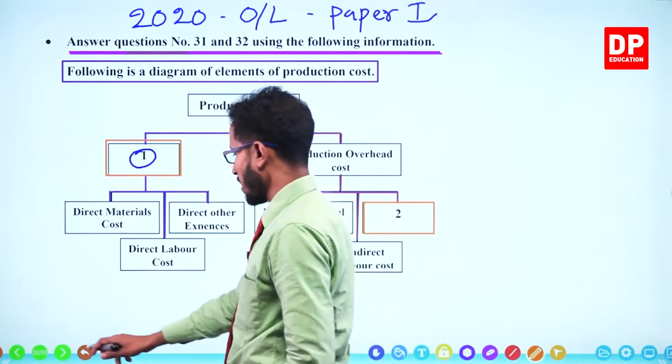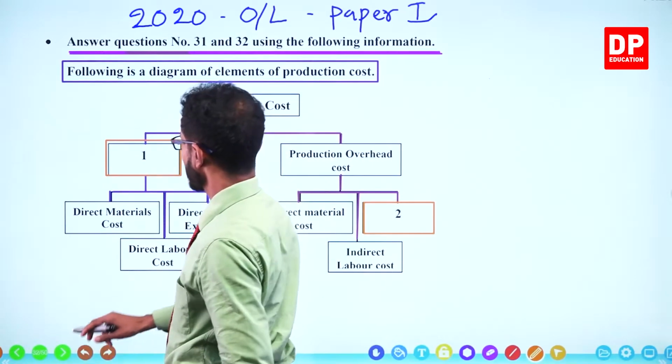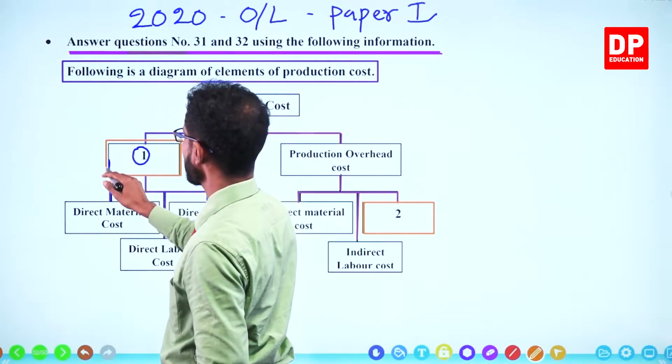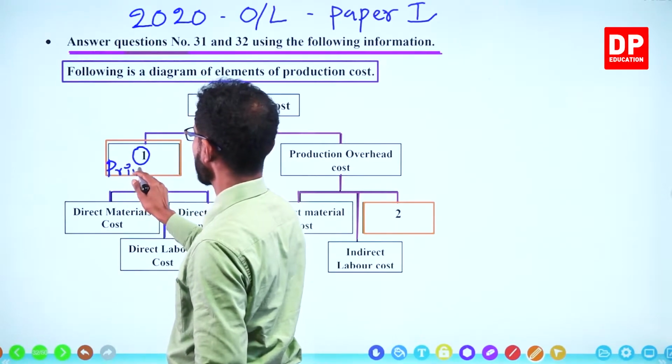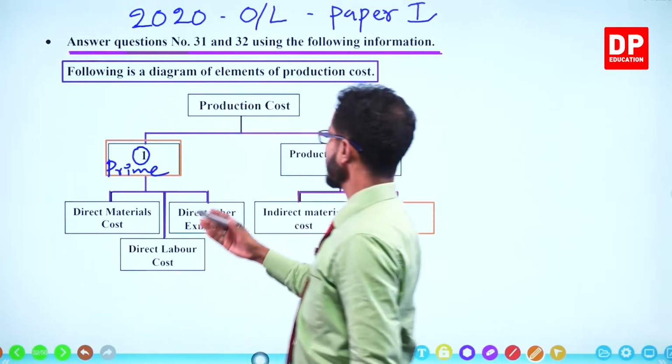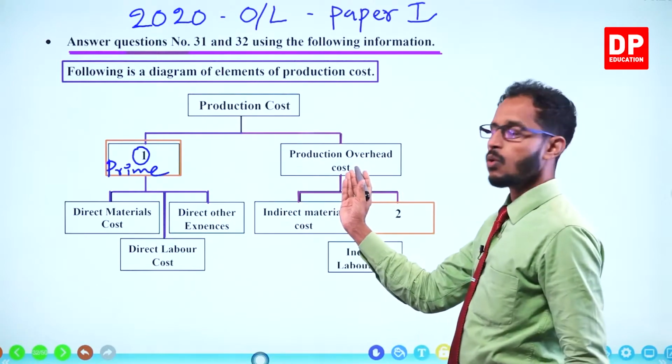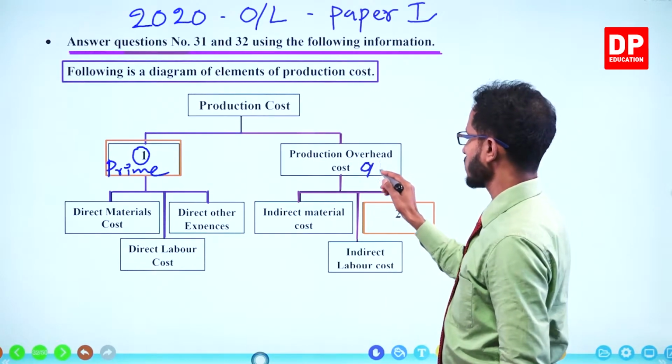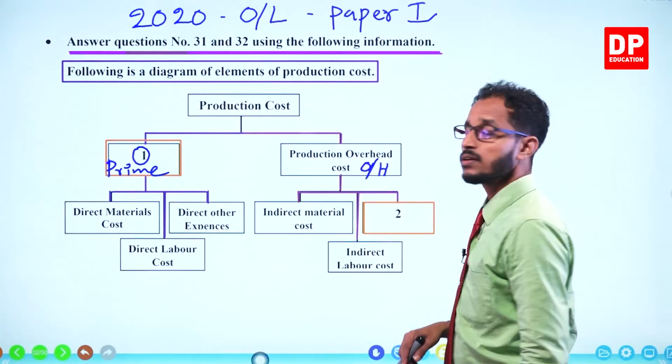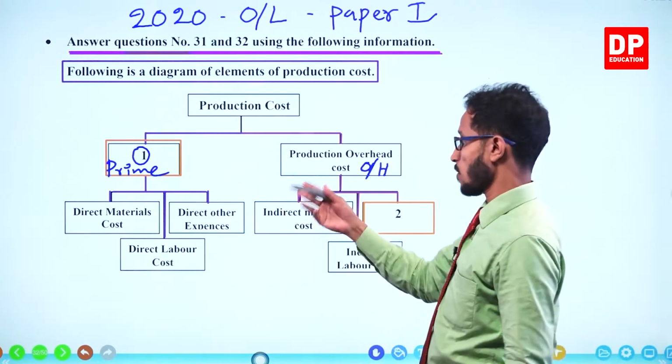Yes, here it should be prime cost. Here it is overhead cost. We call it OH, overhead cost.